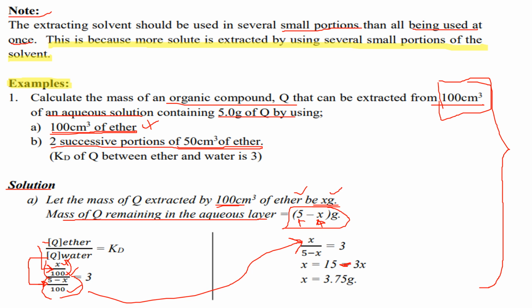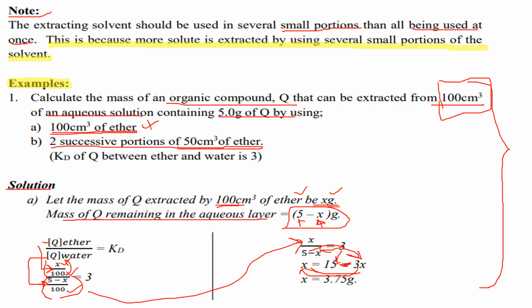Now this is minus, it's not equal. So if you multiply 3 by 5, you get 15. And if you multiply 3 by x, you get 3x. Then you bring x on one side. You can bring x this side. And that means that it will be 4x. 4x will be equal to 15.